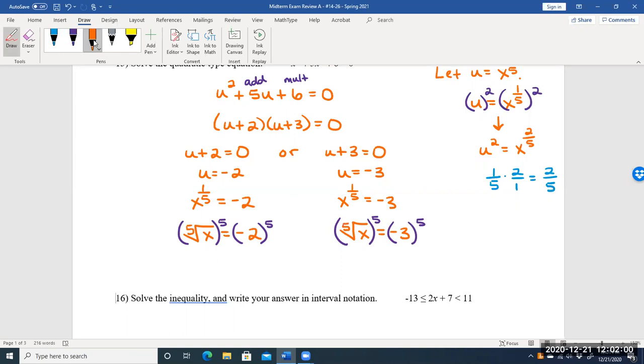So my two solutions are x equals negative 32. That's what we get when we take negative 2 times negative 2 times negative 2 times negative 2 times negative 2. And then negative 3 to the 5th is negative 243. So our two solutions are negative 32 and negative 243.